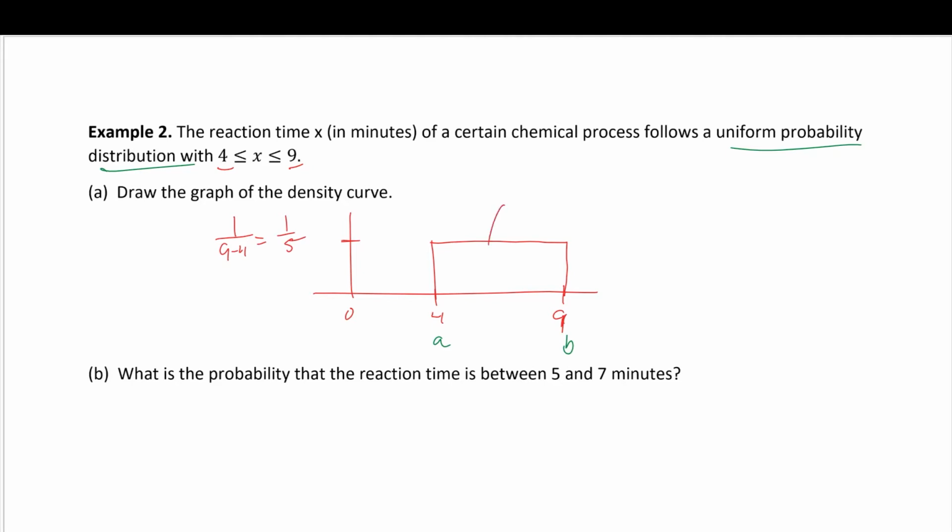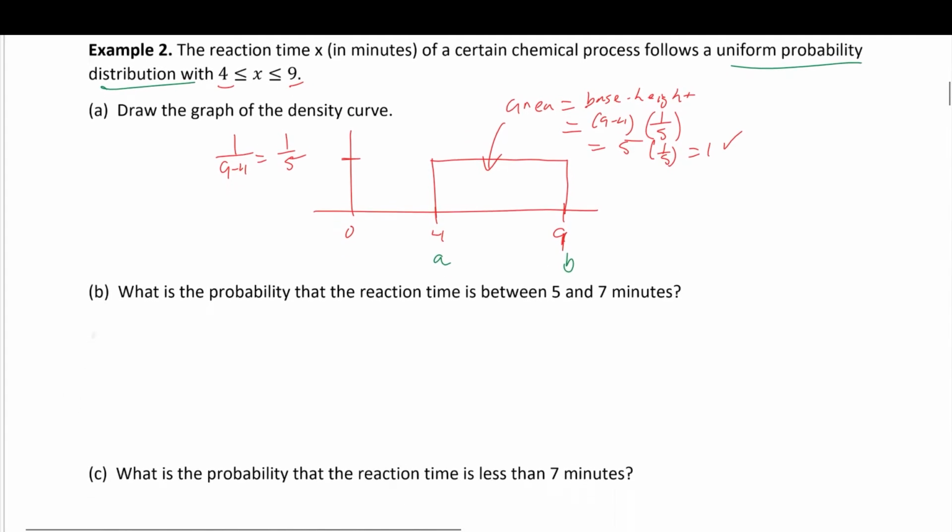Just to reiterate, it's the base times the height. The base in this case is 9 minus 4. The height here would be 1 over 5. 9 minus 4 is 5 times 1/5 equals 1. Okay, so we drew the graph.